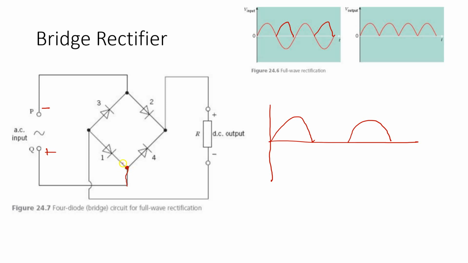It has to determine whether it wants to flow through 1 or it wants to flow through 4. Now, if it flows through 1, it's going to be in reverse bias, so this becomes an open switch. So no current is allowed to flow through that. Then the only thing it can do is to flow through number 4. So it's flowing through number 4.